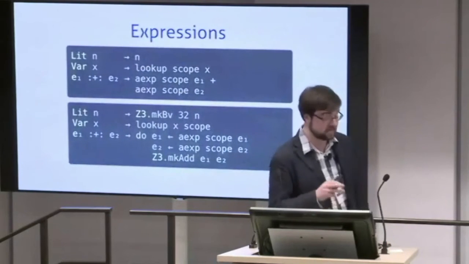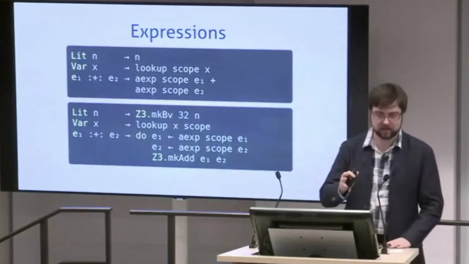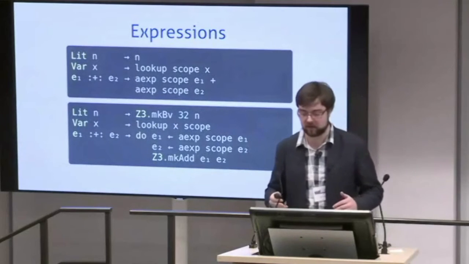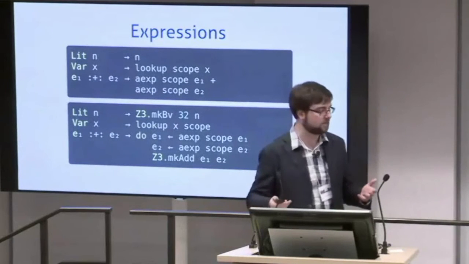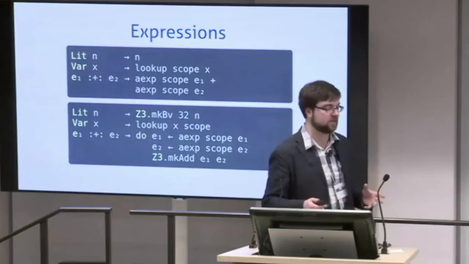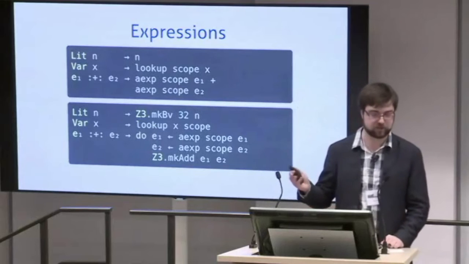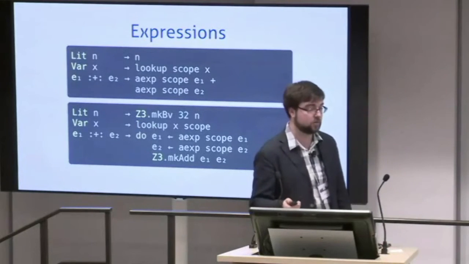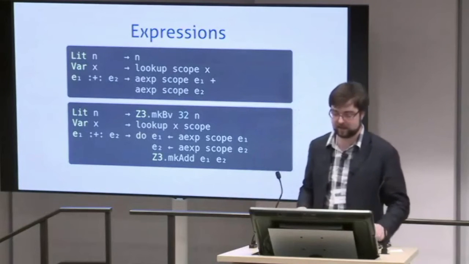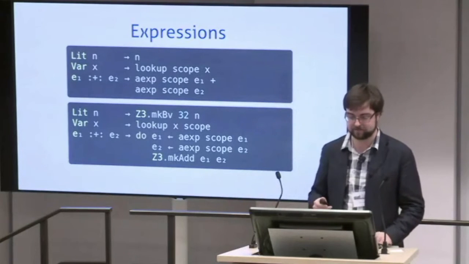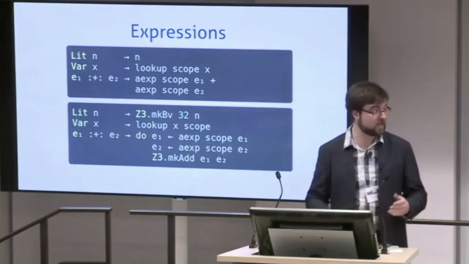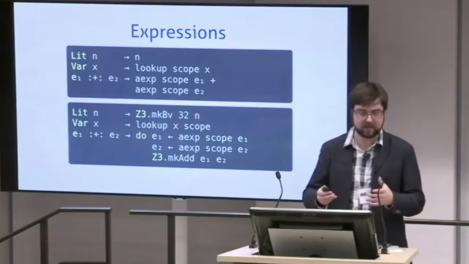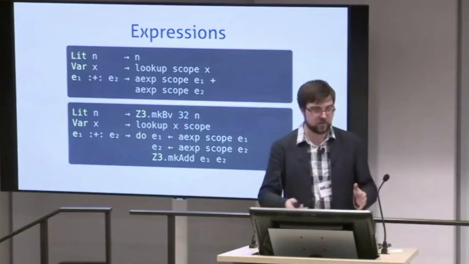And so pretend that each of these little extracts is part of a large pattern matching case statement that matches on the structure of an arithmetic expression. So in the case of an interpreter, if we see a literal, we just return that number. In the case of the Z3 formula compiler, if we see a literal, we just make a 32-bit vector with that size.